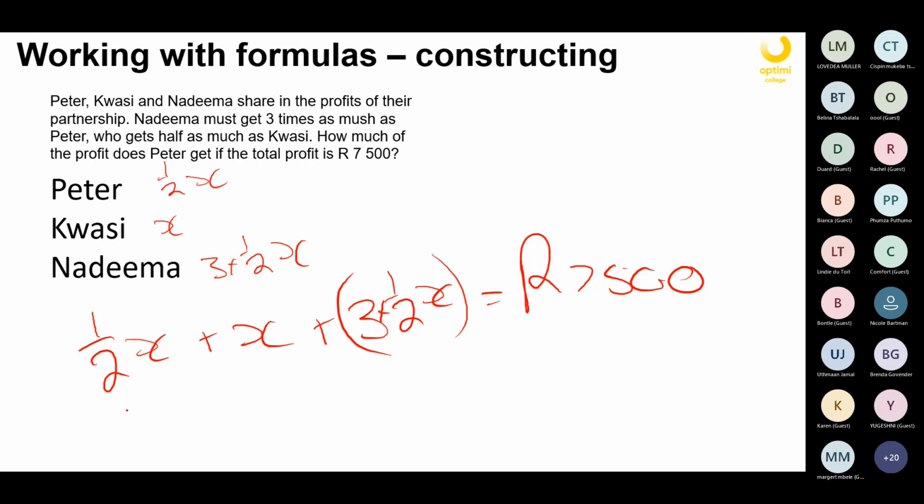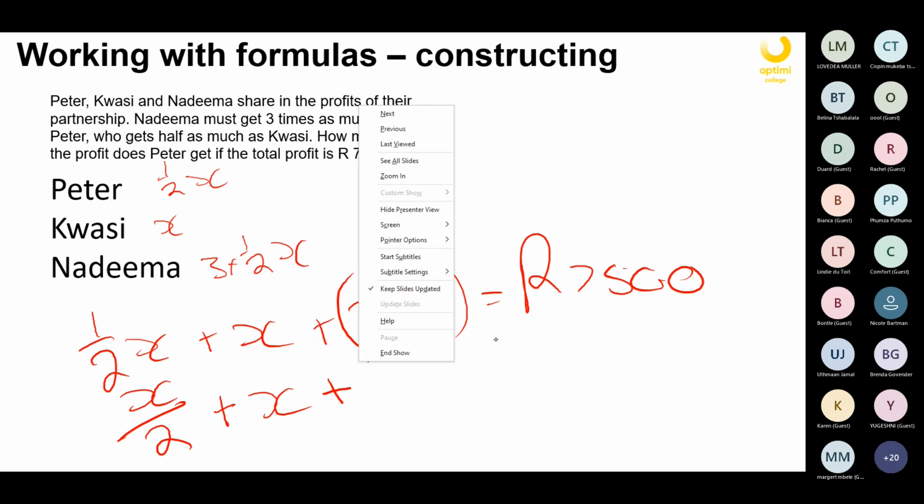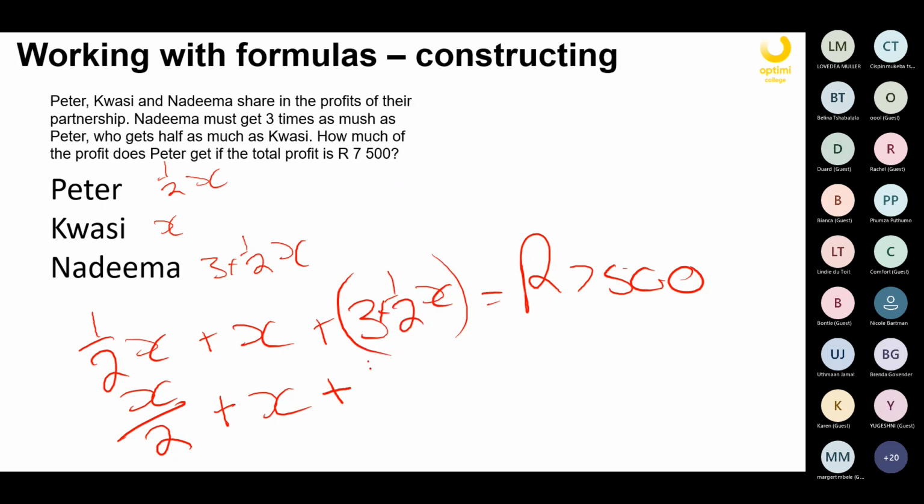Half X is X over 2, plus X, plus 3 times a half is 1.5, or 3 over 2 X, so that gives 5 over 2 X equals 7,500.